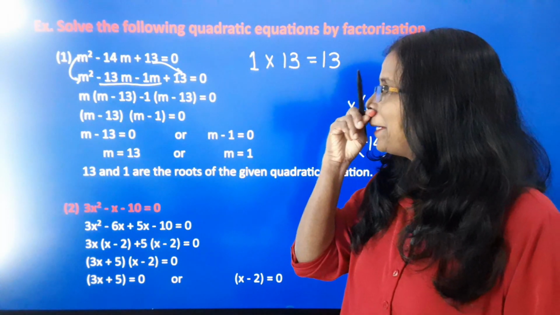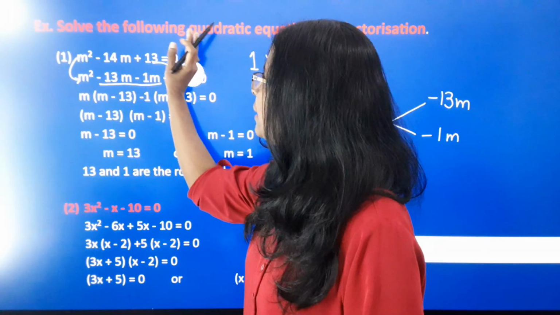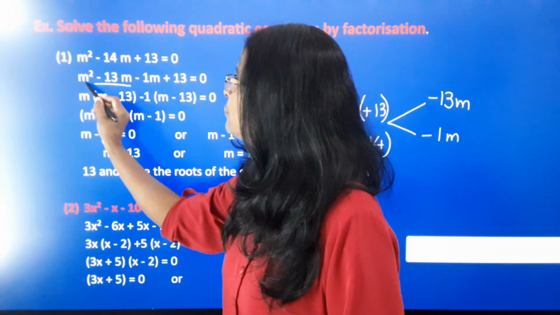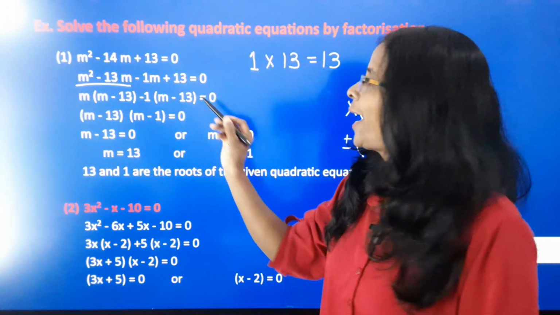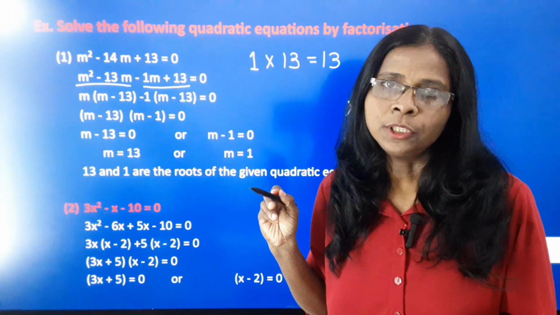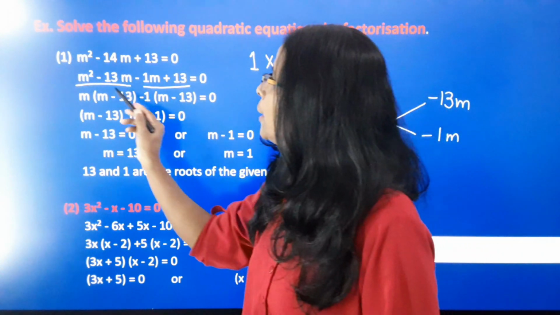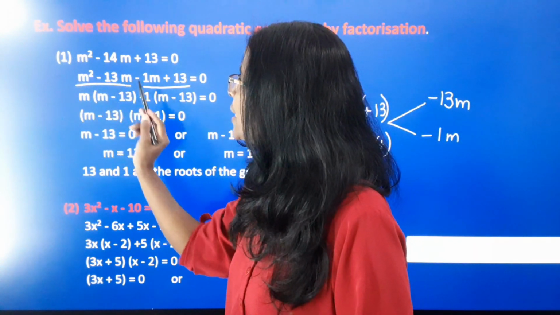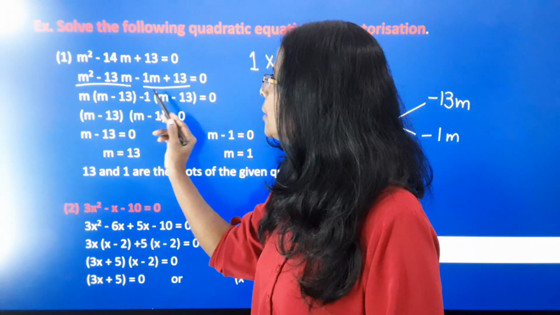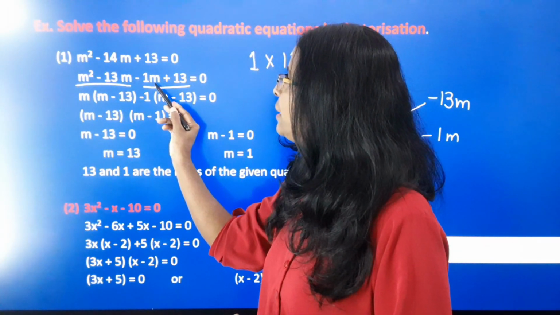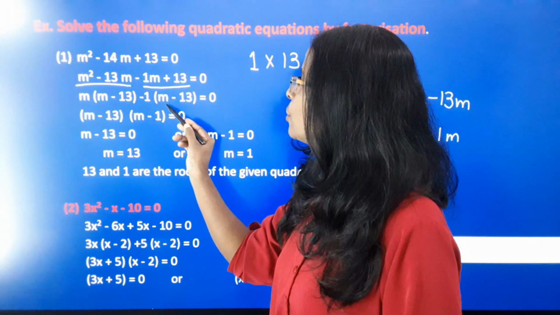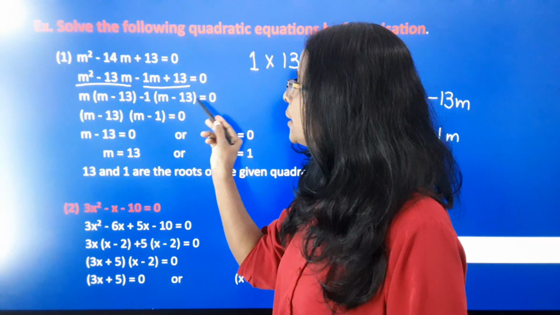Now make two groups: the first group of the first two terms and the second group of the third and fourth terms. The common from the first and second terms will be m, in the bracket m minus 13. The common in the third and fourth terms is minus 1, in the bracket m minus 13. Here we have the same bracket, m minus 13.